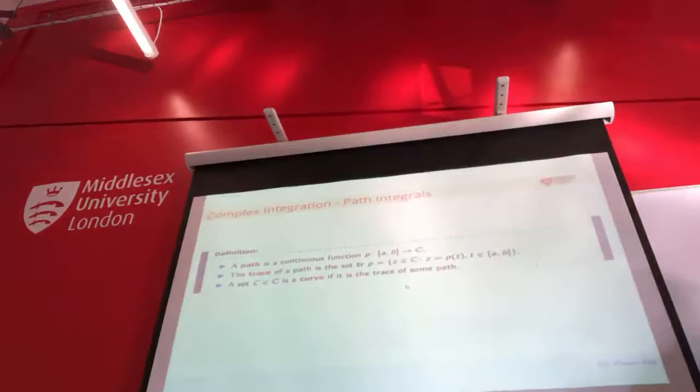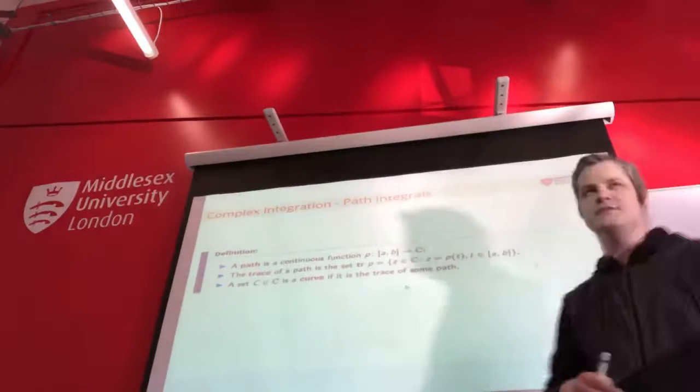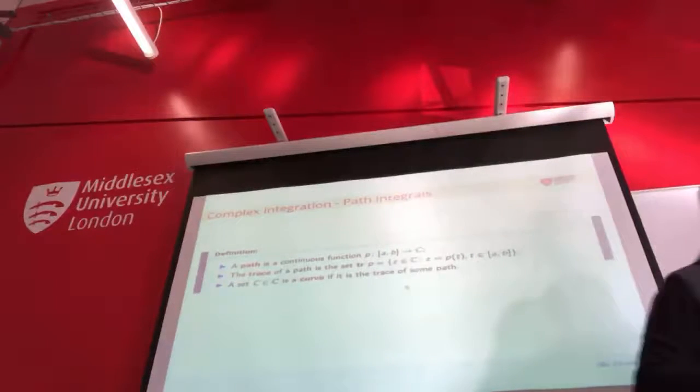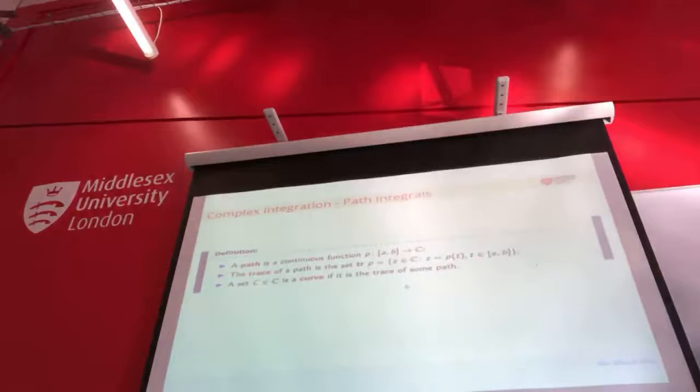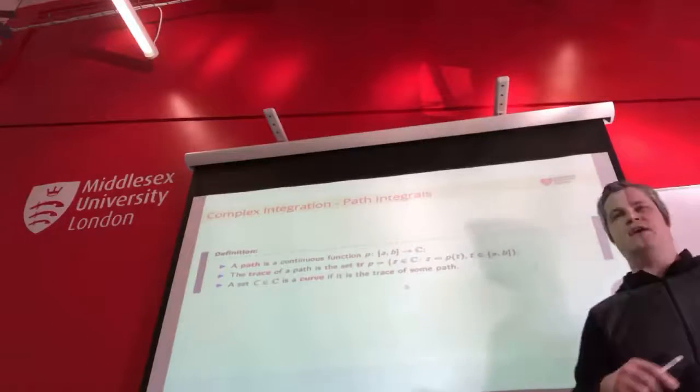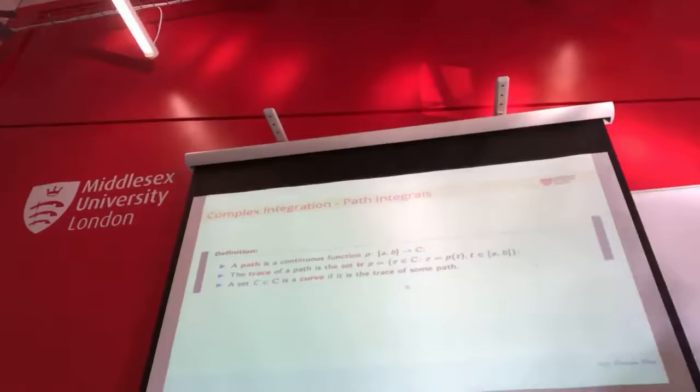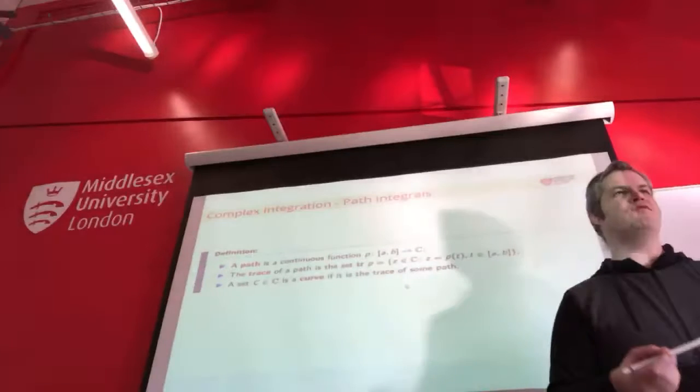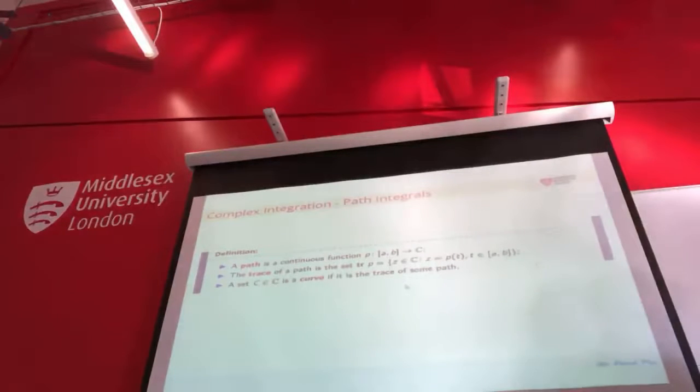The trace of the path is the image of the thing, so it's the shape that is drawn. And a set C is a curve if it is the trace of a path. So you've got all these definitions that sound very similar, but it's just being careful about what you really mean by a path.